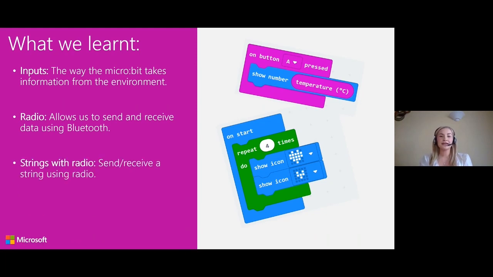Now, the next thing we covered was strings with radio, so sending and receiving strings using radio. And the final thing we covered today was numbers with radio, so sending and receiving numbers using radio. And one of the cool things that Kaylin showed us was that we could send the temperature via radio. So that was pretty cool.